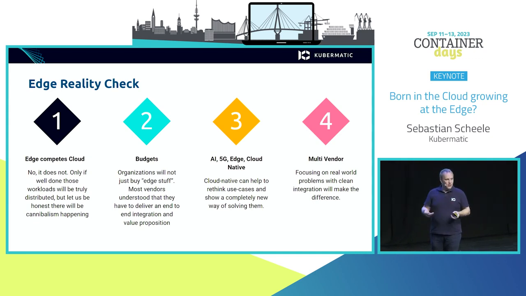Now, a lot of new terms are coming out, like AI, 5G, at the edge, cloud native. Cloud native can really help to rethink the use cases. In a lot of cases, some of the stuff already exists, like smartphones have been out there for years, and IT is already in production for years. But in the past, you needed a long release cycle.